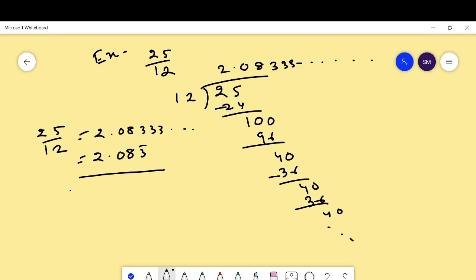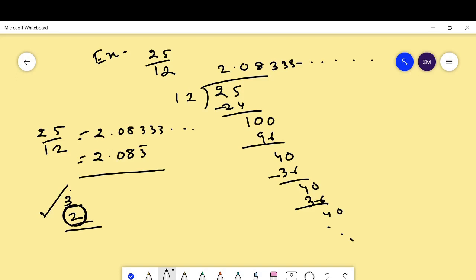Look at here. Suppose 3 upon 2. Is this a terminating decimal number or a non-terminating decimal number? Look at the denominator. Here the denominator is 2. If the prime factorization of the denominator has only the factors 2 and 5, then we can say that this is terminating. Here 3 upon 2 is terminating because the denominator is 2.